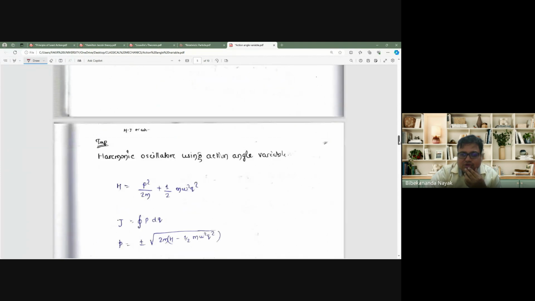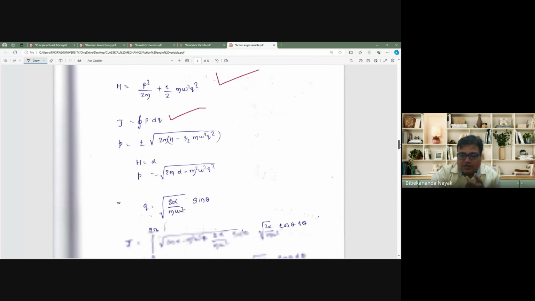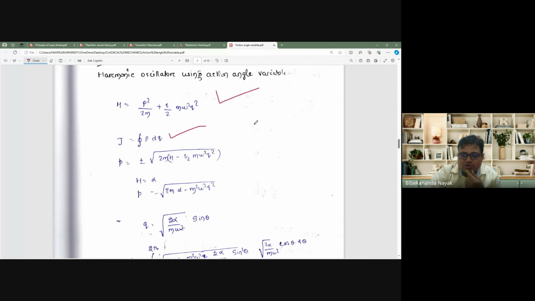There are many problems for this. Suppose the harmonic oscillator problem. Hamiltonian is given; for action-angle, the integration of P dq, you write as action J. So from this equation you can write the P. But H is equal to alpha, so P is a function of 2m alpha and this.